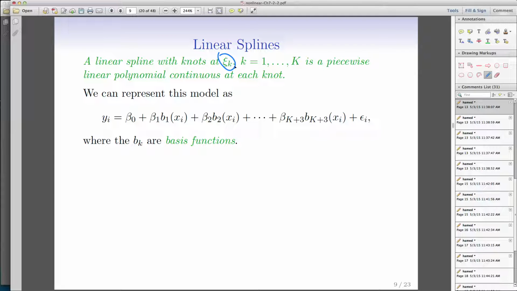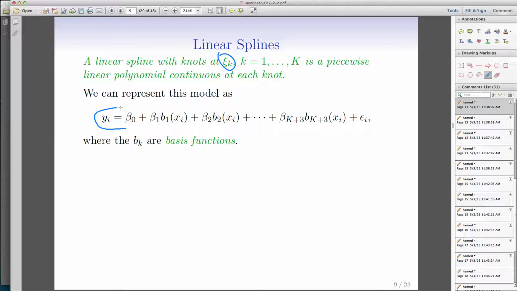So psi 1 was 35, psi 2 was 50 years old, and psi 3 was simply 65. So whenever you want to use a spline, we should decide on knots. So our knots are psi k, we can have 1 to k knots. So in the example of weight, we had 3 knots.